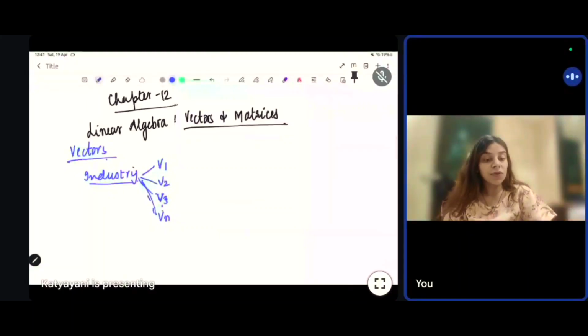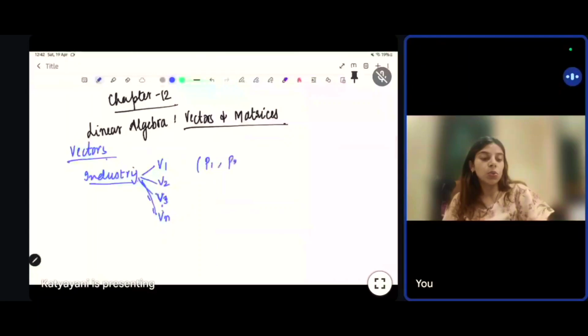Up, you have to tell me what are the prices of each of these outputs and then what are the quantities you are selling me, right? So इस टाइप की चीज़ों को, इस टाइप के ordered pairs जब आपको बताने होते हैं, then vectors come very handy. So you can write that the price vector here would be P1, P2, P3 and so on till Pn.